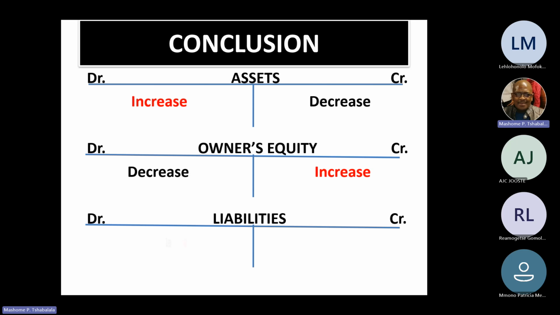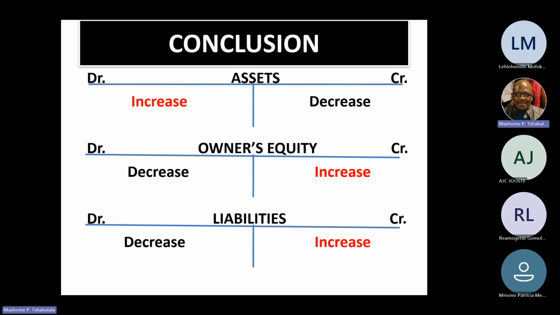Now, what is important about this, learners, is the written information. Assets increase on the debit side, while owner's equity and the liabilities increase on the credit side. If you can master these, learners, it means your general ledger will be simple to approach and to master.